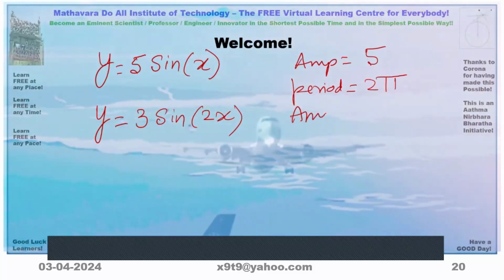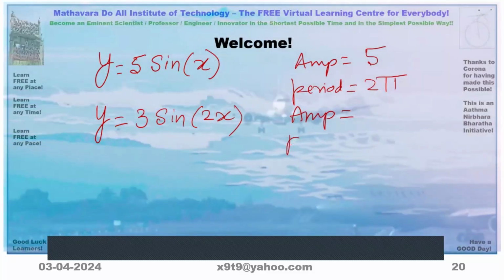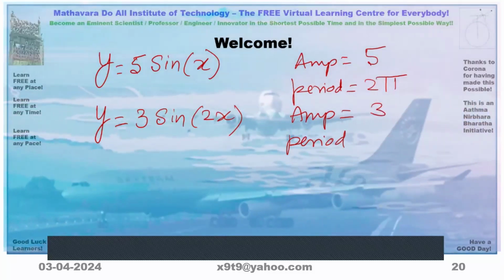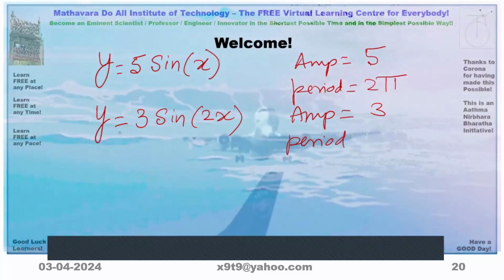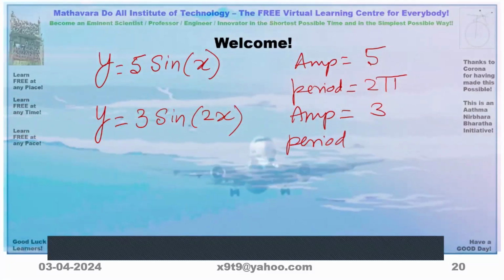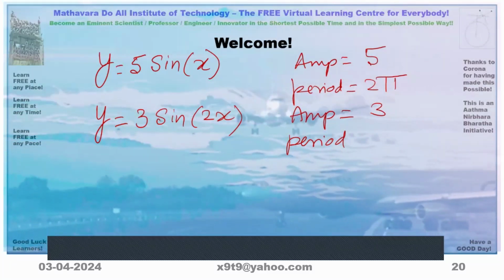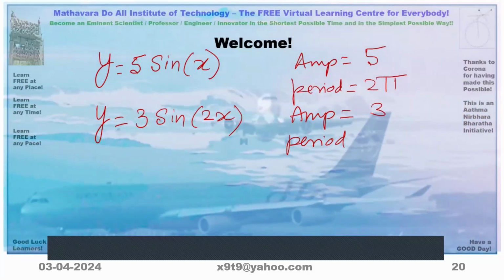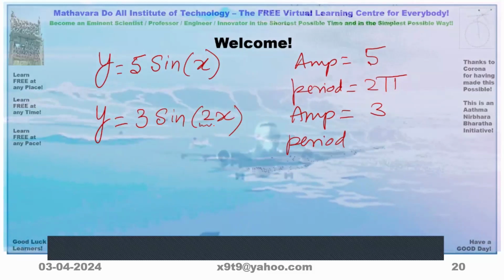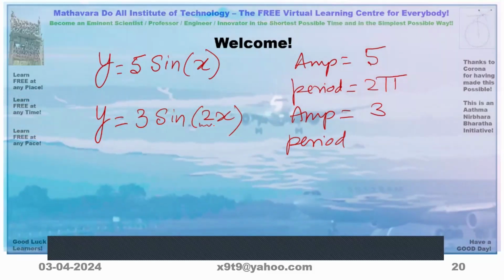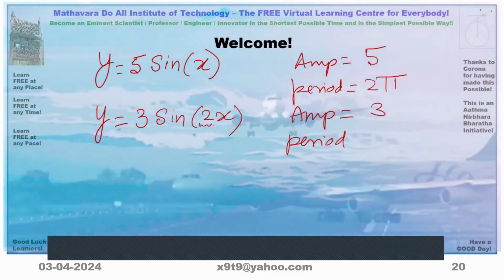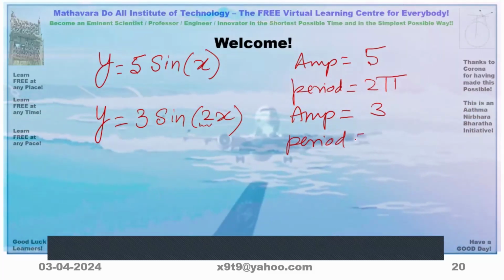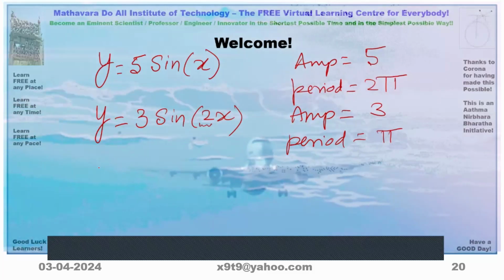What is the amplitude? What is the period? 3, and I think the period is 2 over 3 pi? No, we have to divide by this number. It will become pi, just pi.